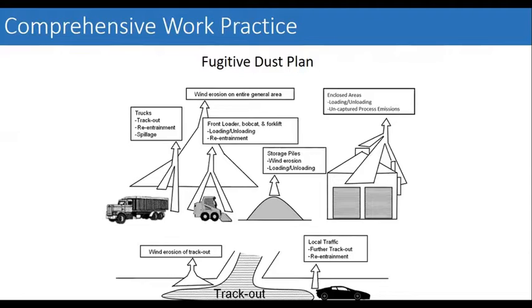So here are some examples from our people who go out for the enforcement. These are some of the real-world examples that they have seen with regards to the fugitive dust plan at facilities. For example, the fugitive dust plan would say spraying should be done during abnormal conditions, versus normal conditions, with no specification in the fugitive dust plan as to what these conditions are or how an abnormal condition is defined.